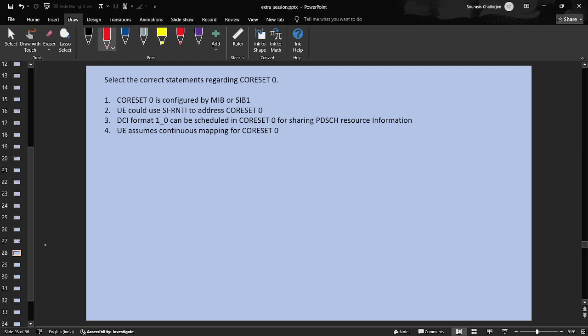So this code set 0 is being transmitted during the initial access, right? So what are the correct statements for code set 0? Is it configured by the master information block?